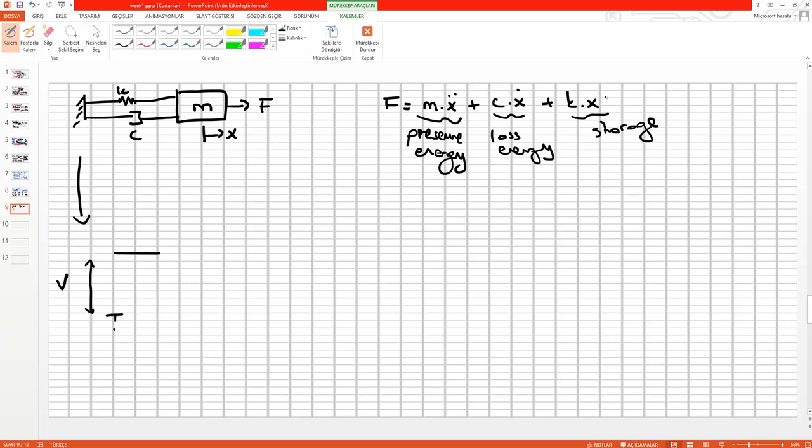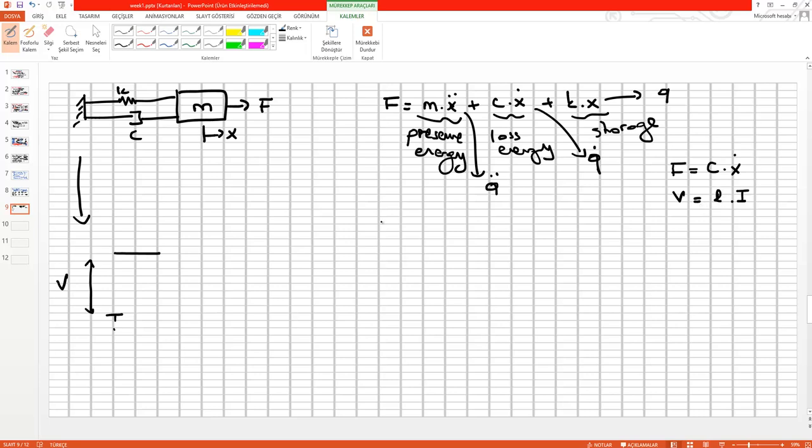Just like this, this is Q, this is Q dot, and this is Q dot dot. If you have this notation, F is C x dot, so F is equal to the voltage, and x dot is represented in the electrical domain with what? Current. Okay, current.